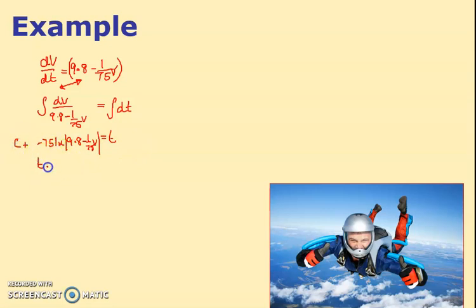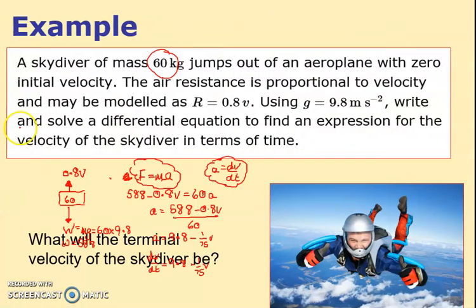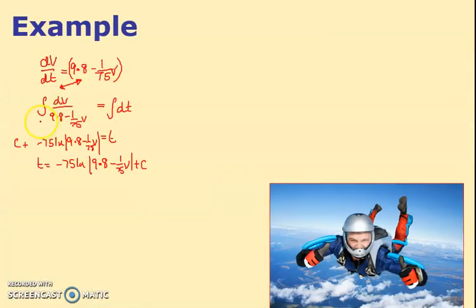I don't like the way it's written, so I'm just going to tidy that up a bit. t equals minus 75 log of 9.8 minus a 75th of v plus a constant. Now, did I get told some initial conditions? I'm trying to remember now. We had jumps out of an aeroplane with 0 initial velocity. Okay, so presumably t equals 0 when v equals 0.